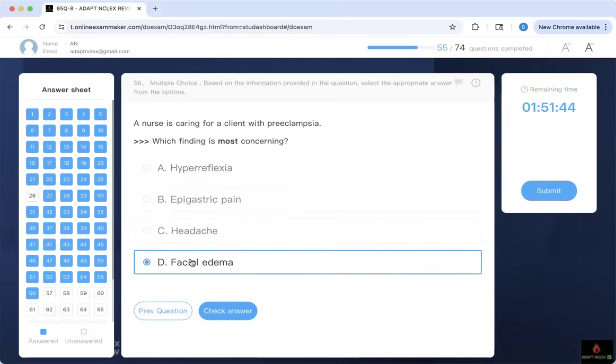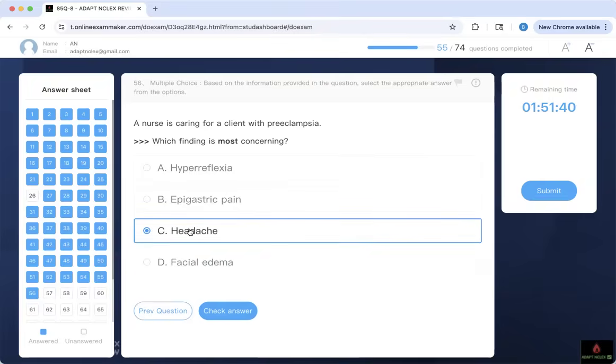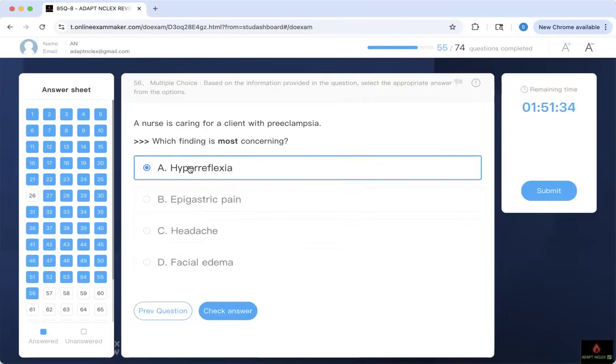Preeclampsia, I expect facial edema. Don't worry about it. Headache, you should expect some of them. It's part of the problem. Hyperreflexia, I don't like it. It's dangerous because what? In preeclampsia, when things are going up, it means you're going to have seizures. Hyperreflexia means you're about to have a seizure.